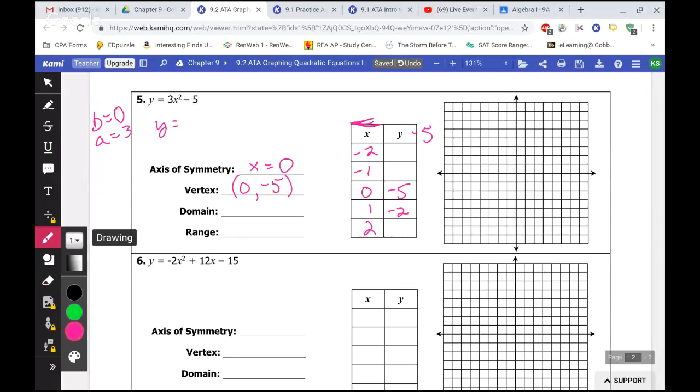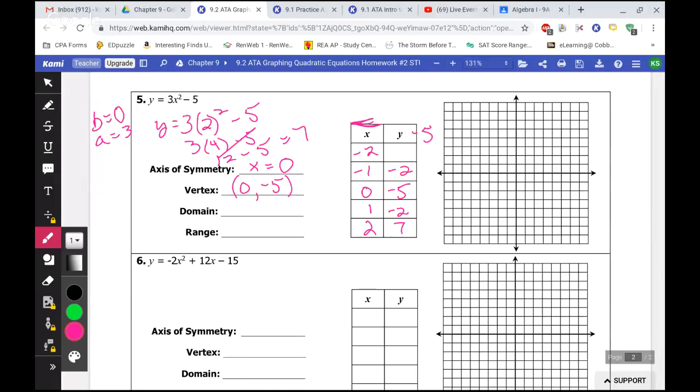So we could go ahead and put that in there. All right. 3 times 2 squared minus 5. 2 squared is 4, times 3 is 12, minus 5 equals 7.